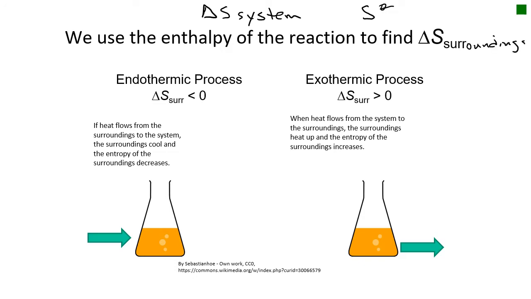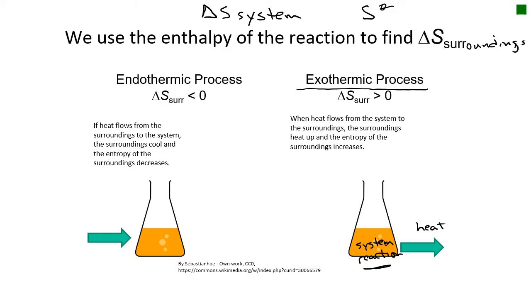Now, the surroundings, if we can understand those, we can figure out where this goes. So let us consider an exothermic process. If we have an exothermic process, then this is our system here. This is our reaction. And if our reaction here is exothermic, then it is dumping heat into the surroundings.